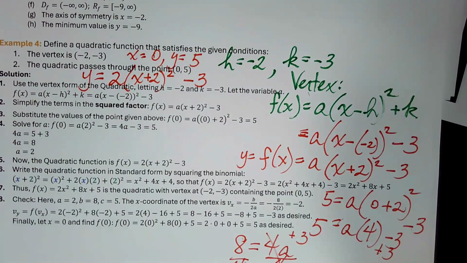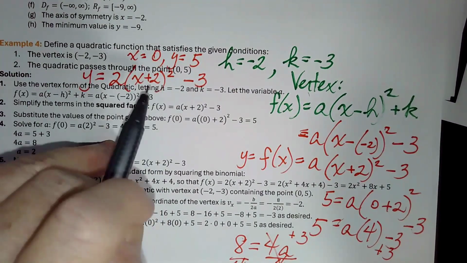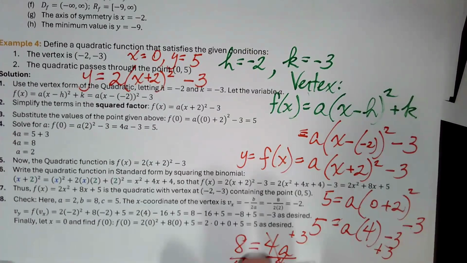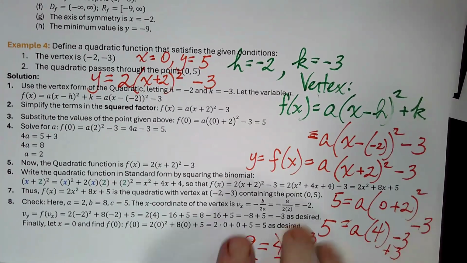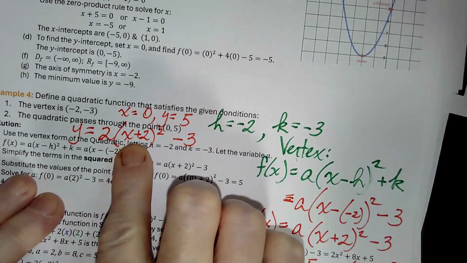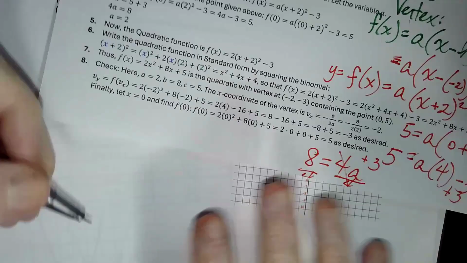But you're thinking to yourself, I'm not used to seeing quadratics in this form unless I'm in algebra class. And you're right, most quadratics that you see on the street are in standard form. So let's write this one in standard form also. And to do that, we're going to take this (x plus 2) squared and square it.